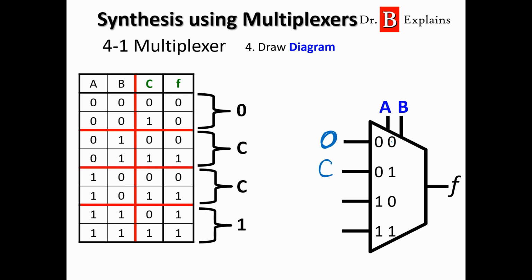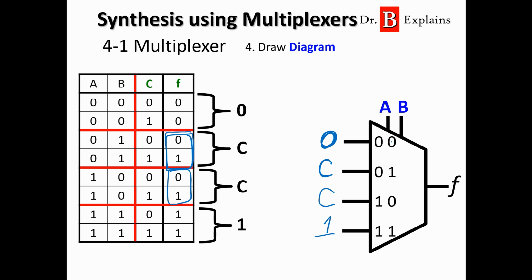Then a C, because whenever I choose A and B as 0 1, I'm looking at these two, so it's just going to be C. Whenever I choose 1 0, I'm going to look at this, and I'm just going to put a C. And then the 1 1 is always going to be a 1. So that's how we design a circuit. Instead of having AND gates, OR gates, etc., we can just use a multiplexer.